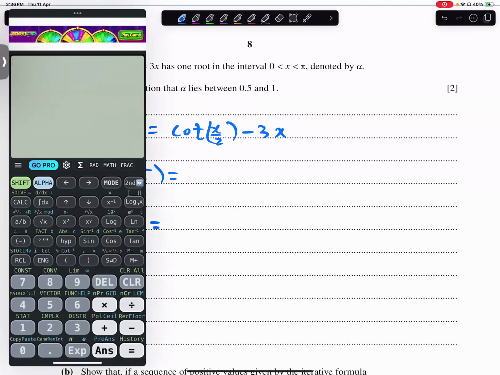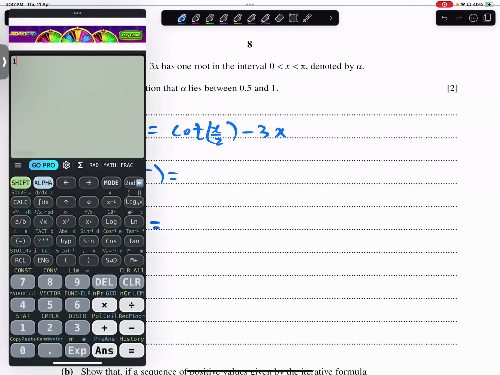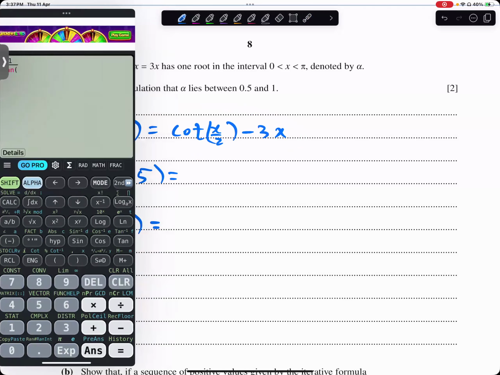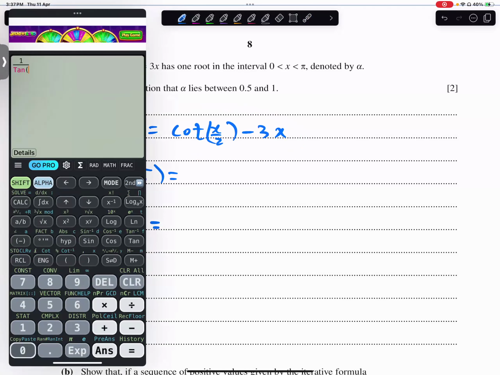So how to find cot x by 2? In calculator, you will put 1 over tan x by 2. So 1 divided by tangent of 0.5 divided by 2, minus 3 times 0.5. So you will see that this is 2.416, which will be positive.